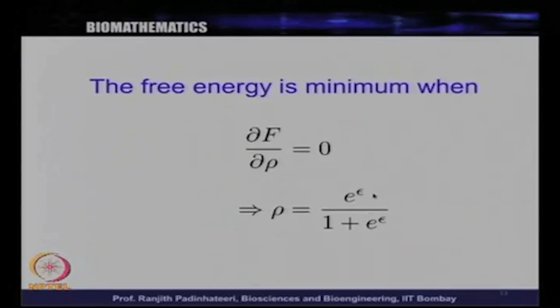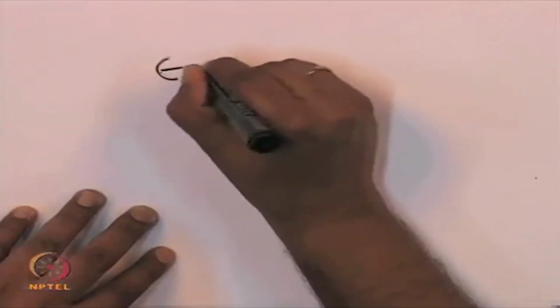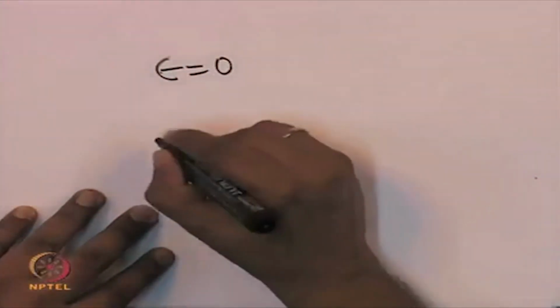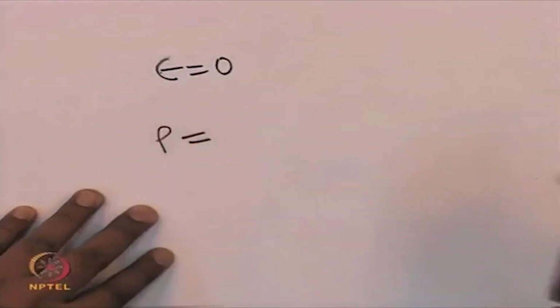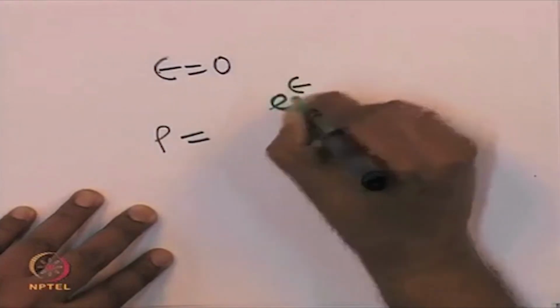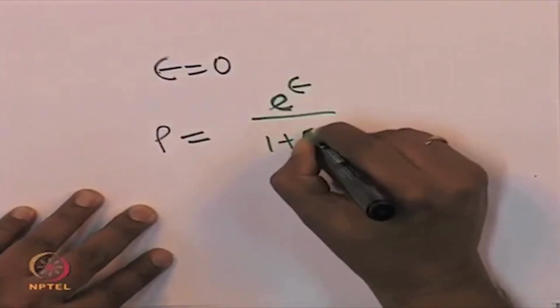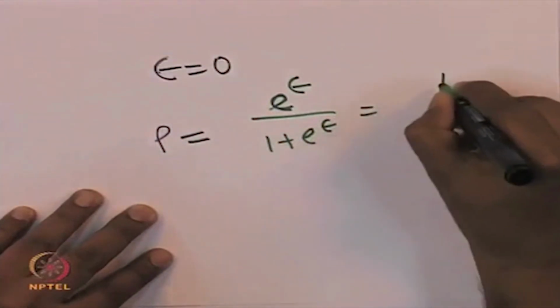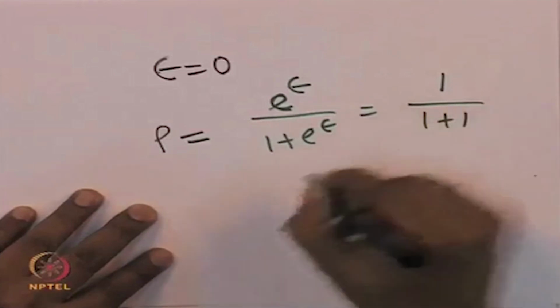So, if epsilon is 0, that means there is no particular binding energy. Then rho is e power epsilon divided by 1 plus e power epsilon, and e power 0 is 1, so it is 1 by 1 plus 1, which is half.